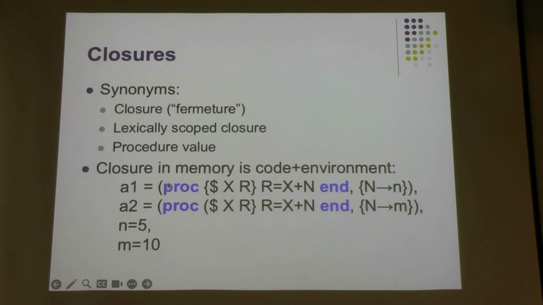So in the actual implementation, this will be machine code. This will be instructions. And the environment frame will basically be a vector of pointers to variables. Okay? But semantically, this code is defining this procedure. Okay? And semantically, the vector is an environment.